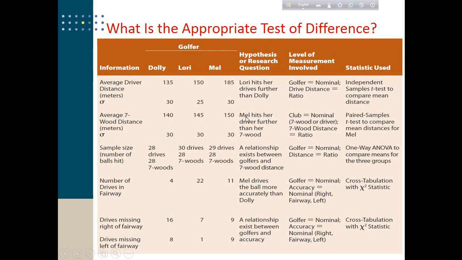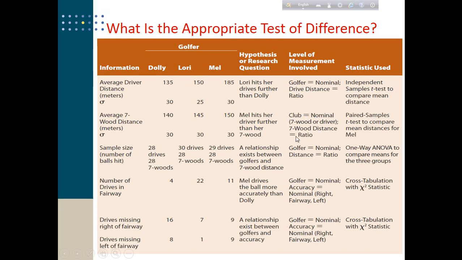Now, if you test that Mel hits her drive further than her 7-wood, what you are testing is if Mel's average drive distance is different from her club performance. That means, is her performance different when she plays with her 7-wood compared to her overall performance?